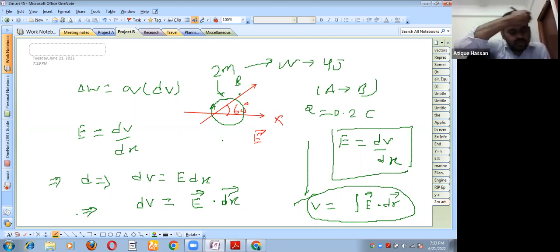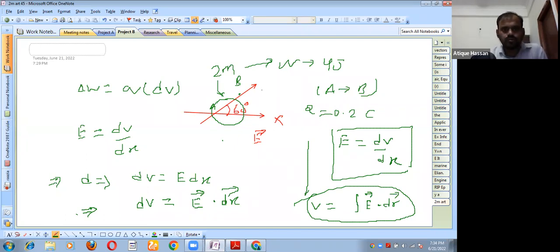We know one statement that the electric field is always directed along the maximum decrease in potential, right? So in that case we apply the formula dV by dx. But when we are moving along some angle, we have to put the term cos theta, E dot dx.